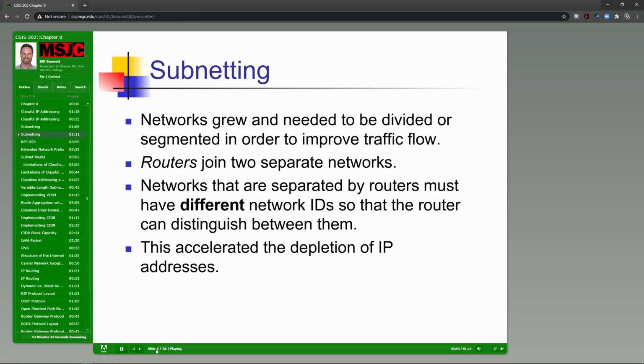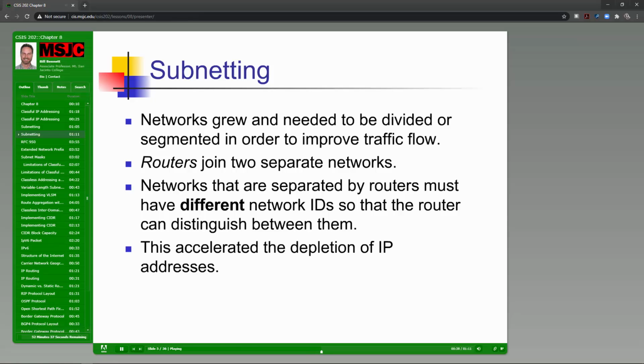So as networks grew and needed to be divided or segmented in order to improve traffic flow, we had devices called routers that were developed, and they're designed to join two separate networks or subnetworks, segments, together. Networks that are separated by the routers have to have a different network ID so that the router can distinguish between each of the networks. This accelerated then the depletion of IP addresses.